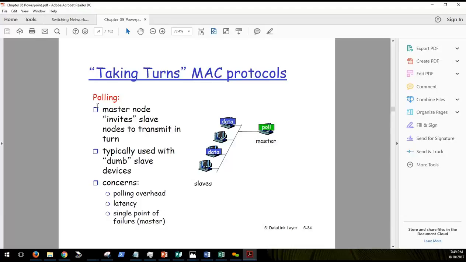As students raise their hand saying they have something to transmit, the master node says, okay, Sam, it's your turn, go ahead and transmit. Ask your question.